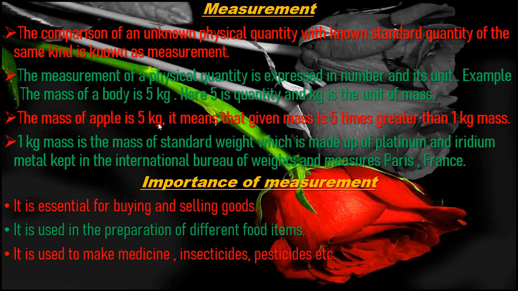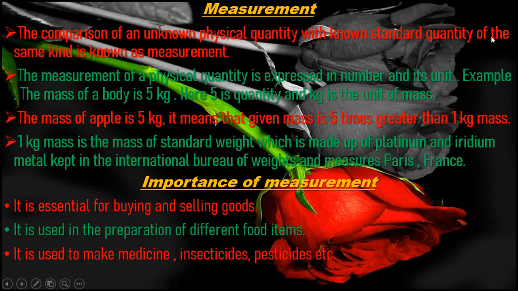For example, if the mass of apple is 5 kg, then it means that the given mass is 5 times greater than 1 kg mass, which is a standard mass. In this case, the mass of apple, which is an unknown physical quantity, is being compared with the known standard quantity, which is 1 kg.